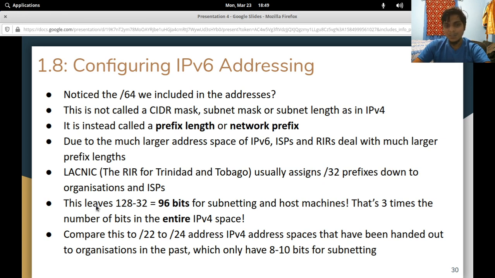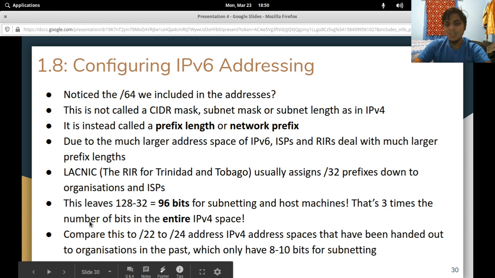This leaves 128 minus 32, 96 bits for subnetting and for host machines. So that's nice. The math doesn't work out as much, so you can't say there are 3 times as many addresses as the entire IPv4 space. That's 3 times the number of bits of the entire IPv4 address space.